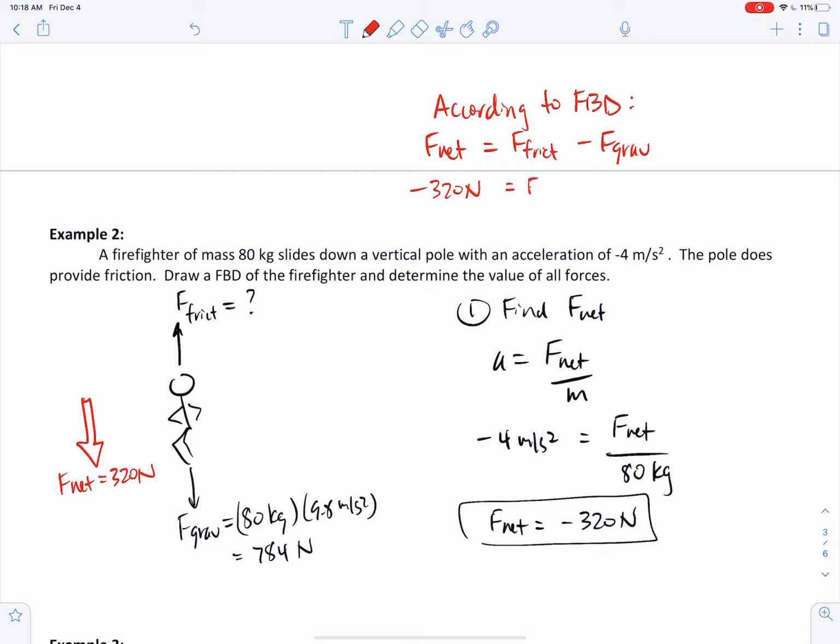The force of friction is my unknown. The force of gravity is 784 newtons. And so the force of friction is going to be 464 newtons. And I can put that right here.